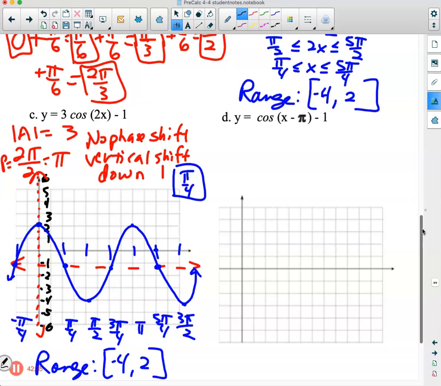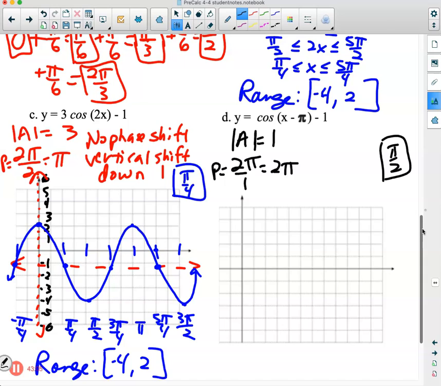Now, D looks interesting. X minus pi, huh? Okay, well, A is 1. That's kind of nice. Amplitude is 1. B is 1. So if we take 2 pi times 1/4, that's going to give us pi over 2 for our intervals later.